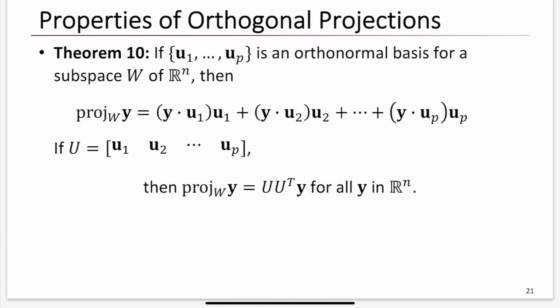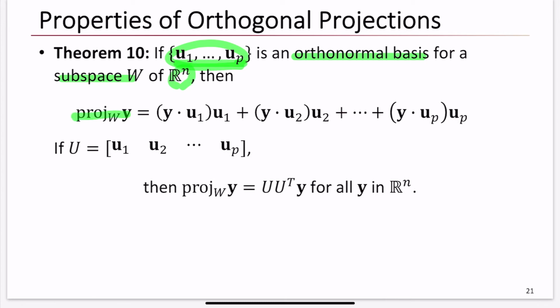Finally, there's one more theorem, but it's exactly the same as the previous theorem, the orthogonal projection theorem. But in this case, we just assume that our U is also an orthonormal basis for the subspace W in our space.